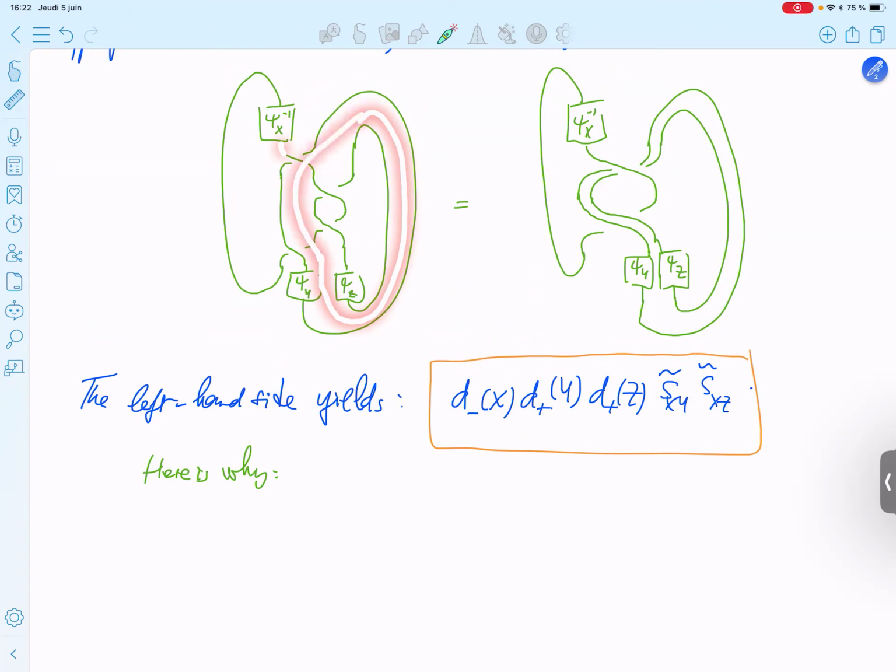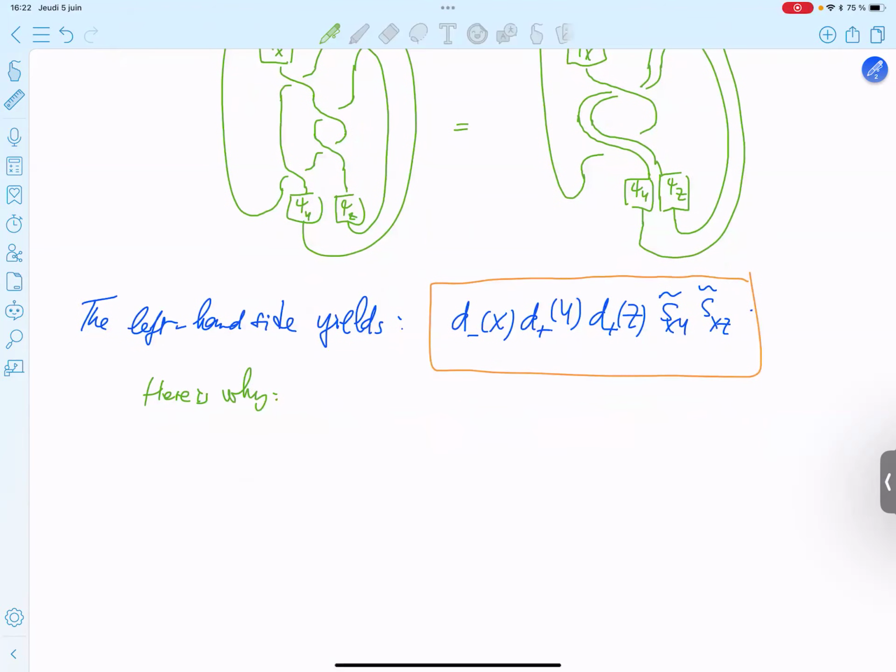Here it's Z, here it's X. So this piece is nothing but a morphism from X to X. But X is simple, so it's just a constant multiple of the identity by Schur's lemma, and the fact that the field is algebraically closed. So you have this piece.